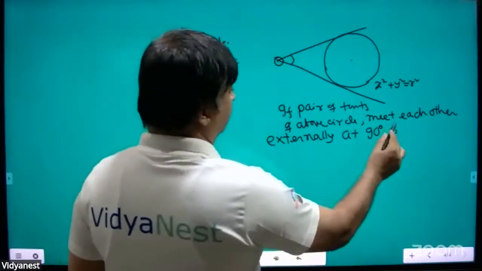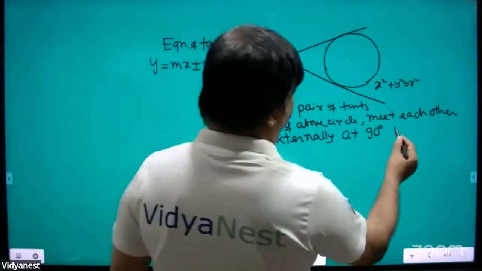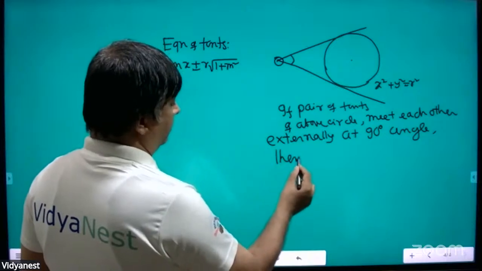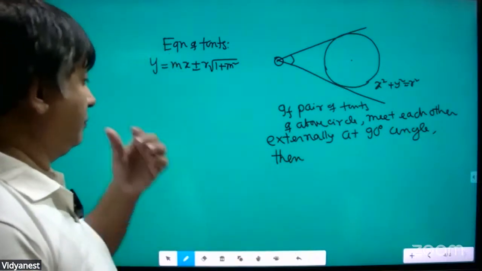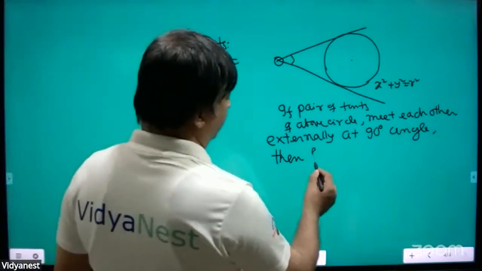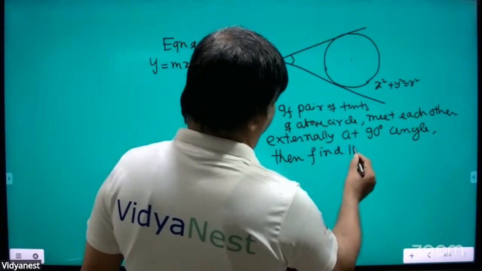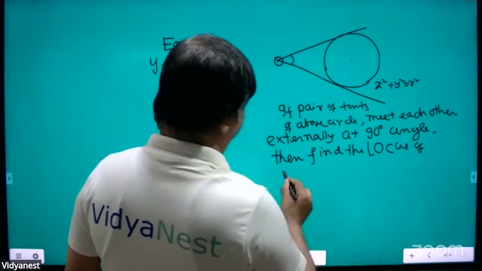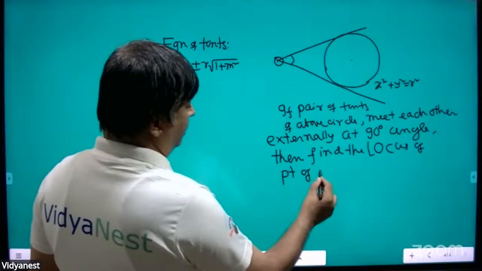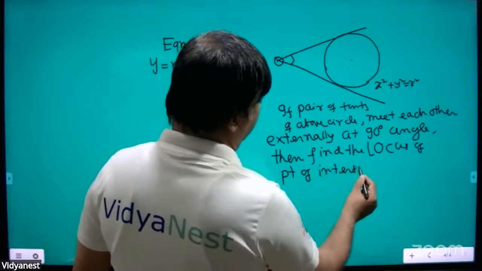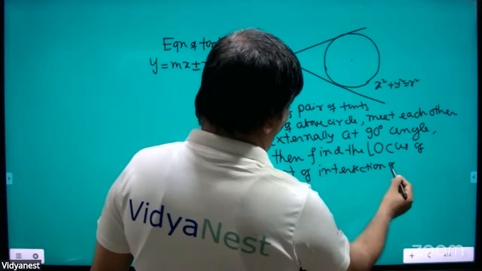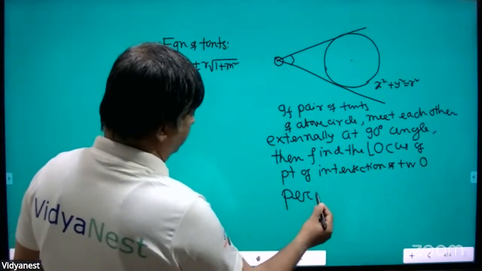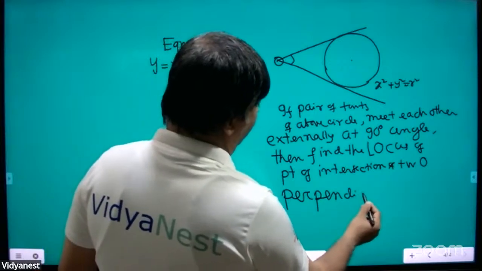then find the locus of point of intersection of two perpendicular tangents.